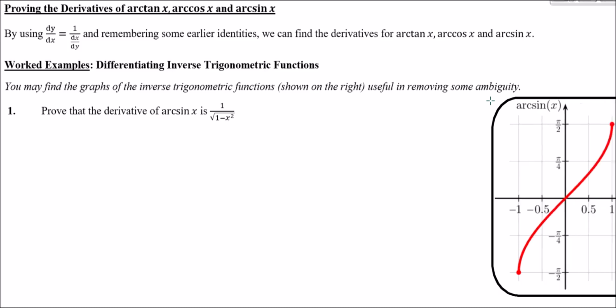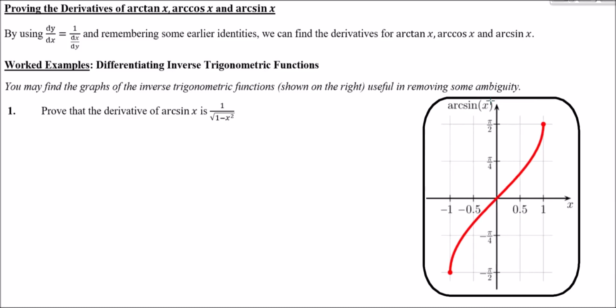Why am I doing this? It'll make sense in a moment. What we're going to do now is set y to be arcsin x. Then if we take the sine function of both sides, we see that sine y must be the same as sine of arcsin x.